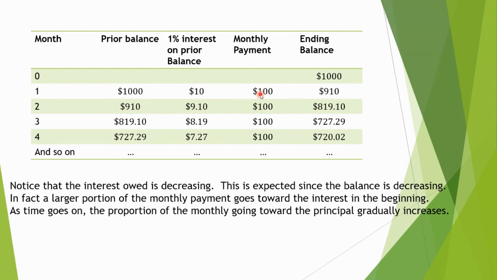So basically a higher proportion, or a higher fraction, of the monthly payment is going towards interest in the beginning. As time goes on, since interest is decreasing but the monthly payment is not, a lesser proportion of the monthly payment goes towards interest, as you can see. Honestly, I don't know if that's going to come up again, but I wanted to point it out. It's mostly happening because the monthly payment doesn't change, but the interest decreases.